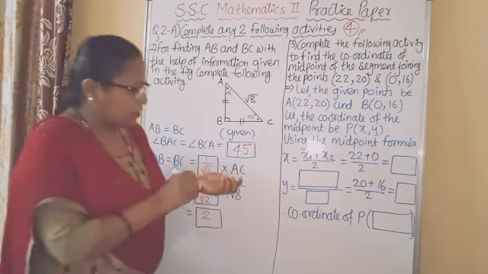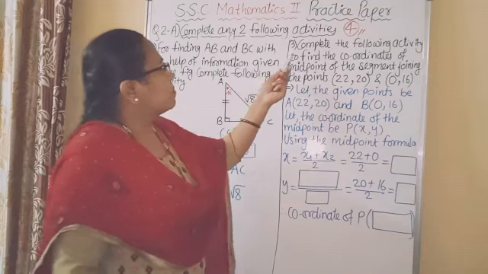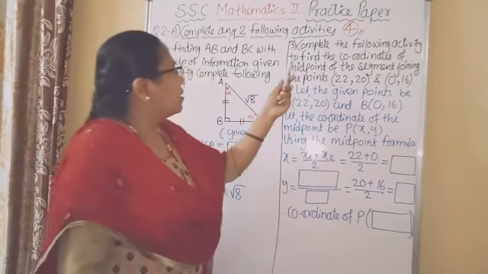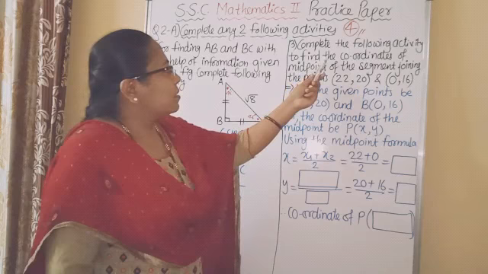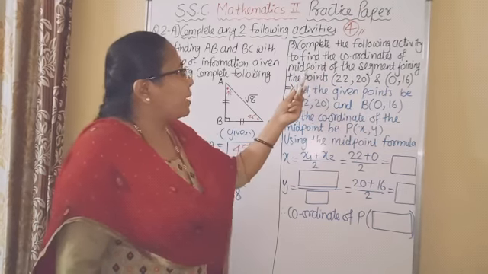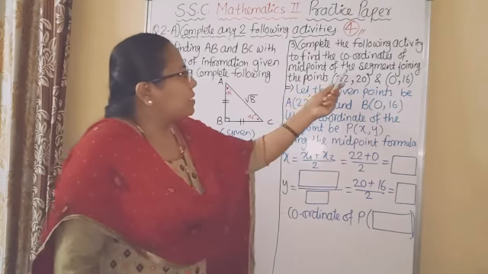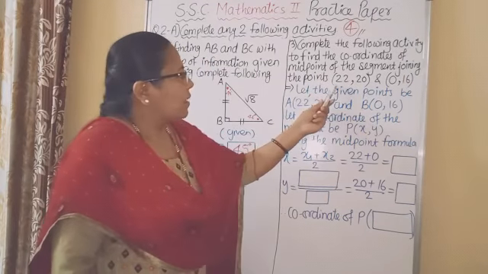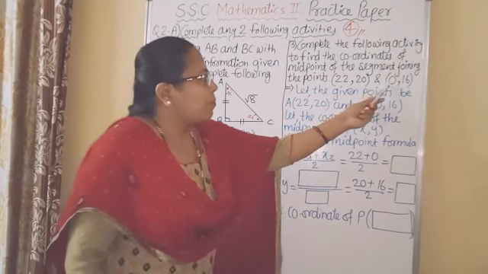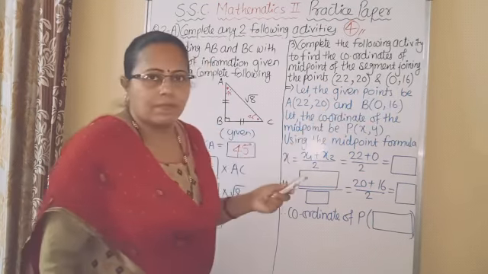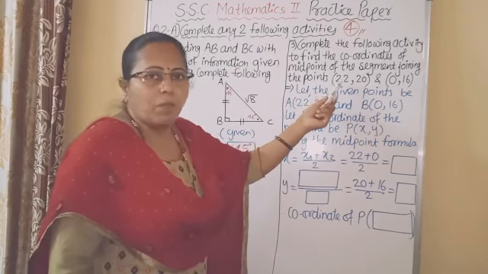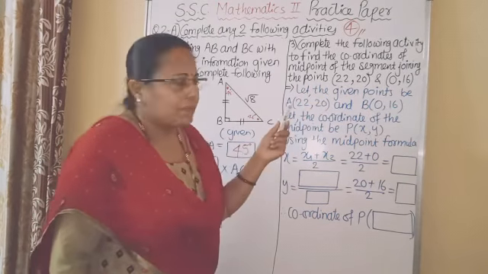Okay. Next, third activity. Complete the following activity to find the coordinates of the midpoint of the segment joining the points 22, 20 and the second point is 0, 16. Okay. So we have to find the coordinates of the midpoint of this segment.